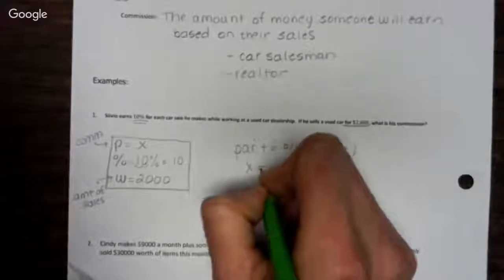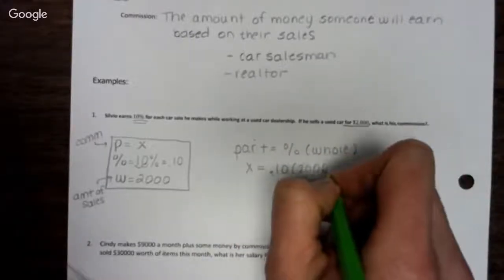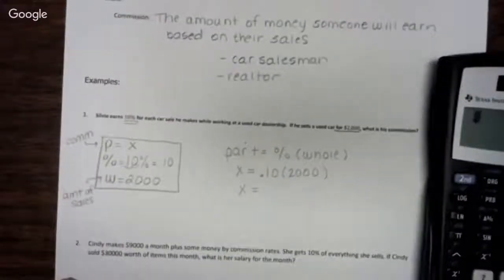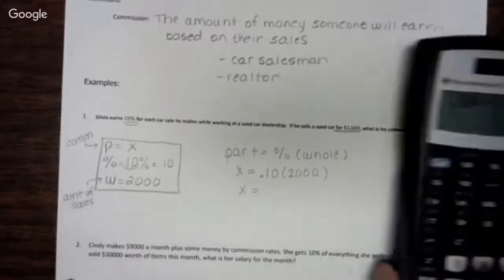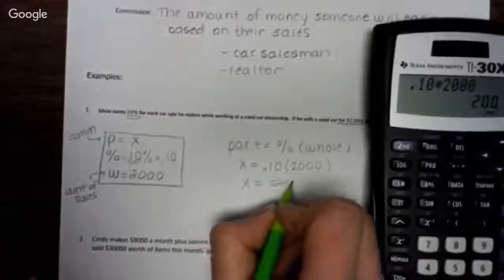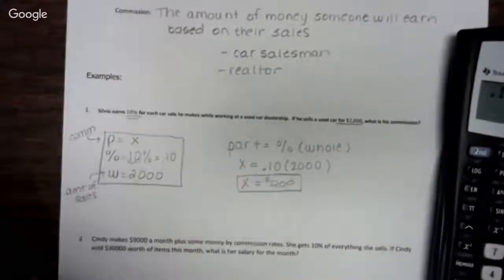So part is X, percentage is 0.10. His amount of sales is 2,000. So 0.10 times 2,000 will give us $200. So for just selling this one car, he will make $200.